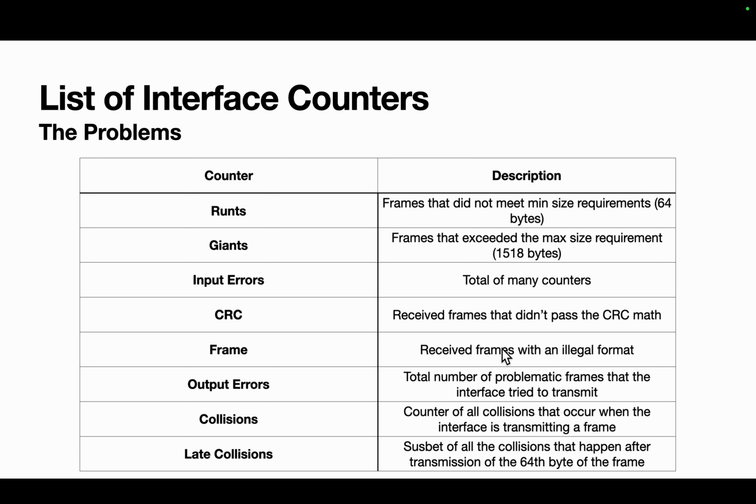Collisions are just a count of all collisions that occur when the interface is transmitting frames. And lastly, late collisions are a subset of all the collisions that happen after the transmission of the 64th byte of the frame. Normally you'd have a collision in the first 64 bytes. If it happens after, it's referred to as a late collision. So these are some of the problems.